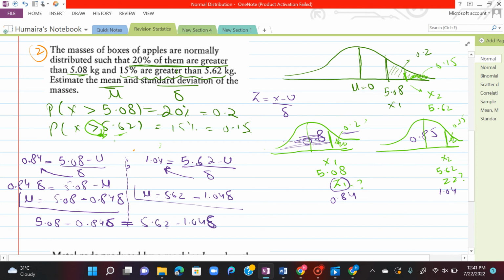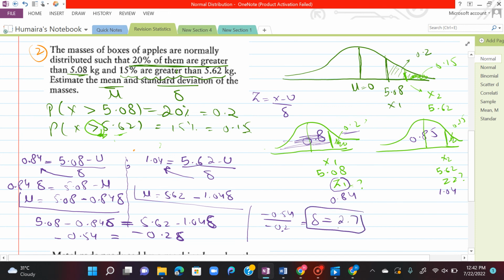Now take sigmas to the same side and numbers to the same side, and that gives me minus 0.54 equals minus 0.2 sigma. Now I need to solve for sigma. Minus 0.54 upon minus 0.2 equals sigma. So from here I got sigma as 2.7.